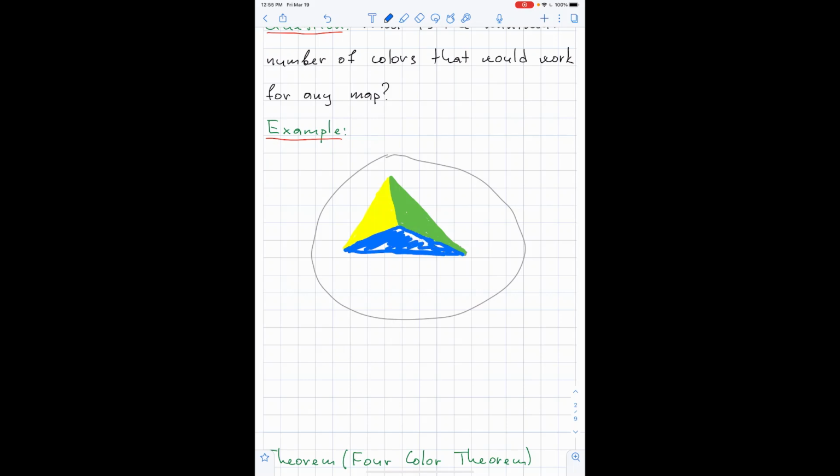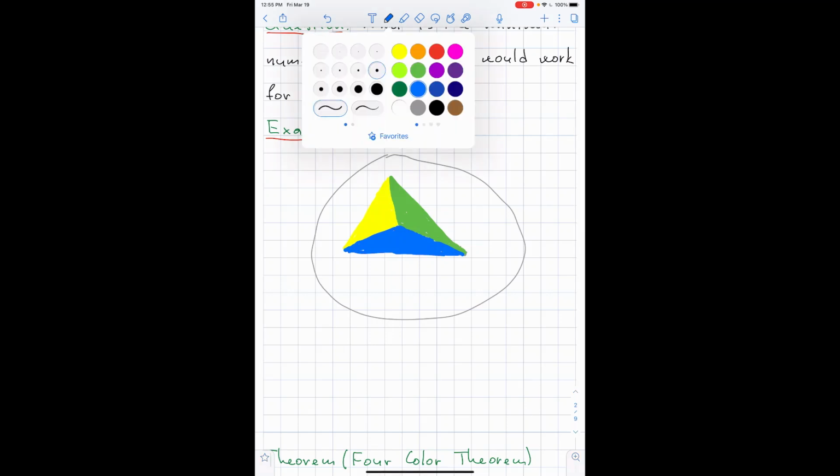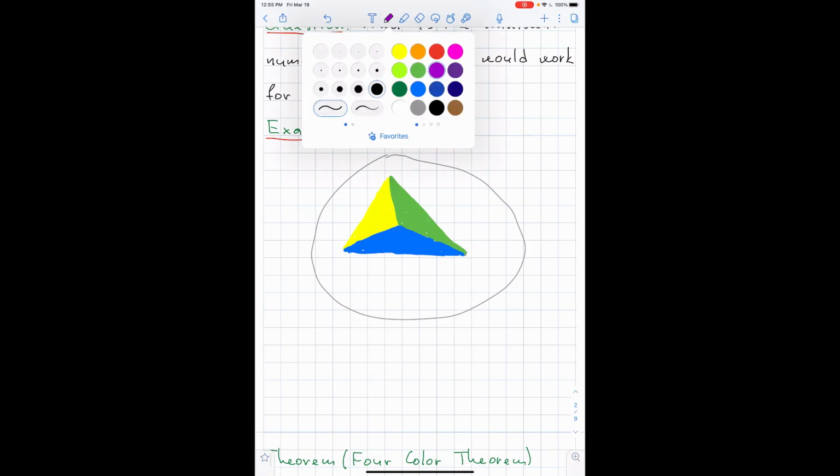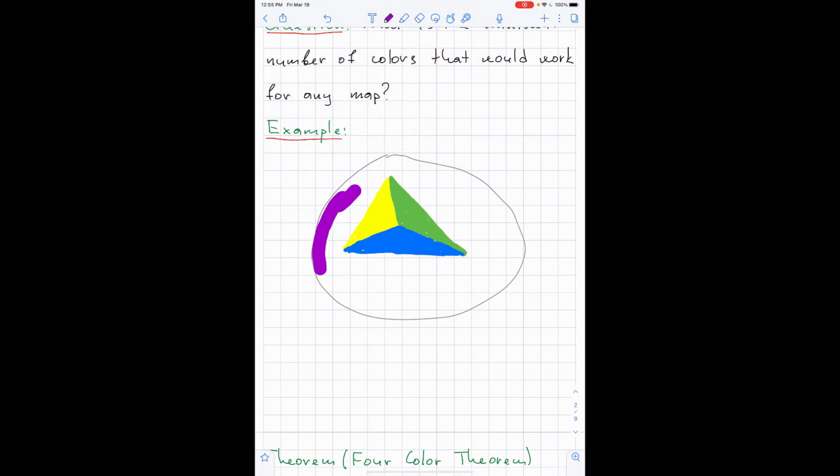Alright, so the last country here is kind of large, so let me not be so precise with this last one. So let's color it in purple. So it's going to be like that.